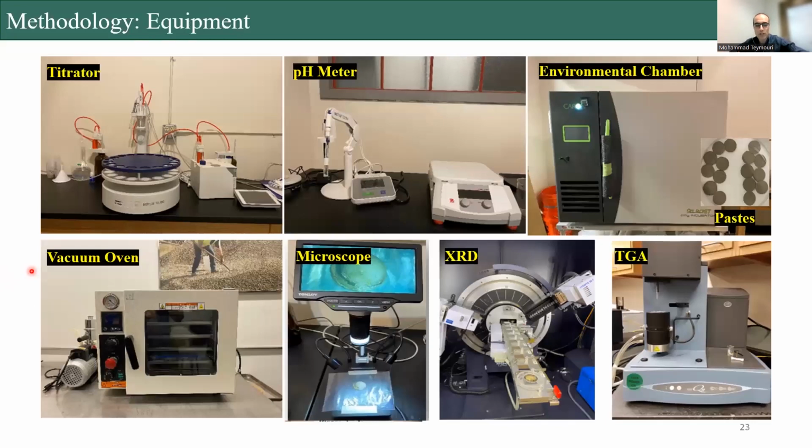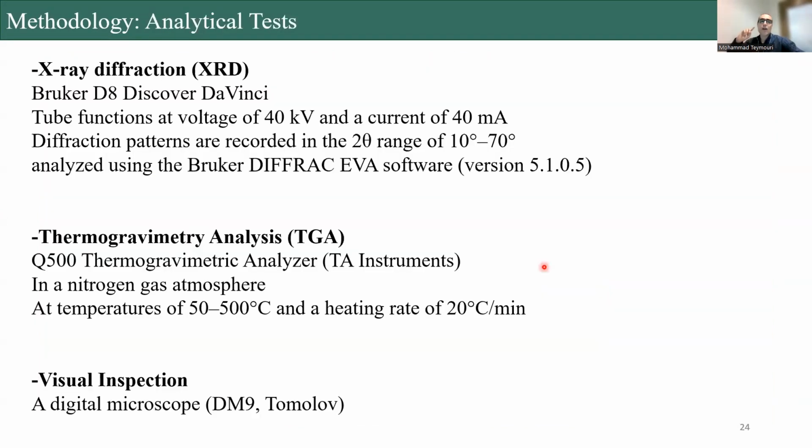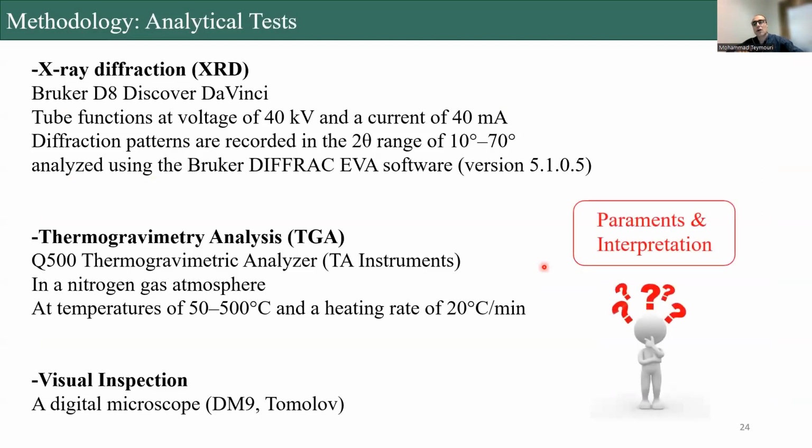We have to use those. And these are the equipment that we used. We used titration to measure the concentration of the solution. And we also used a couple of analytical tests to make sure that we know the microstructure of the material. For the analytical tests, I just want to emphasize one thing. The parameters that you're using are pretty important.